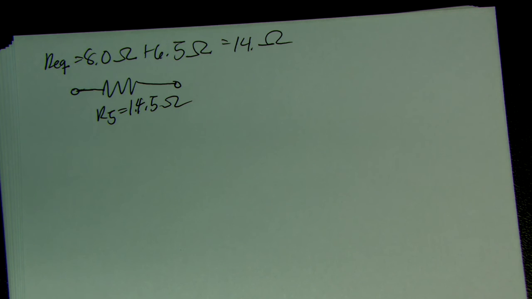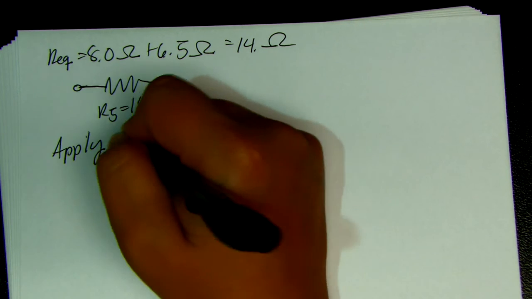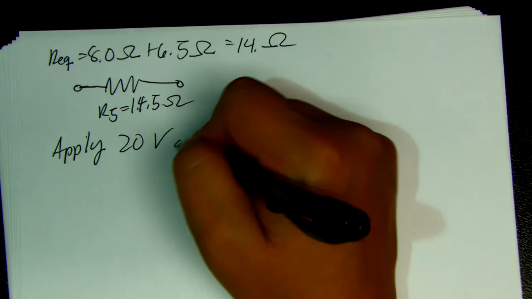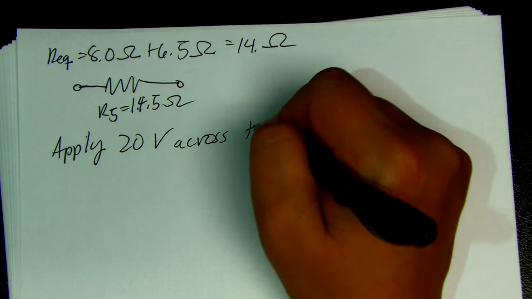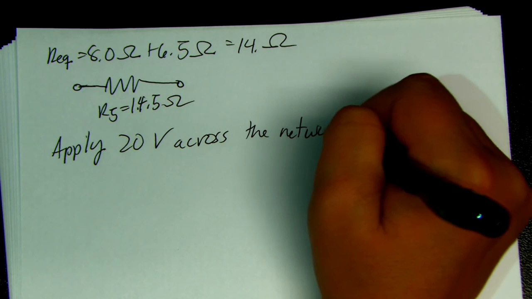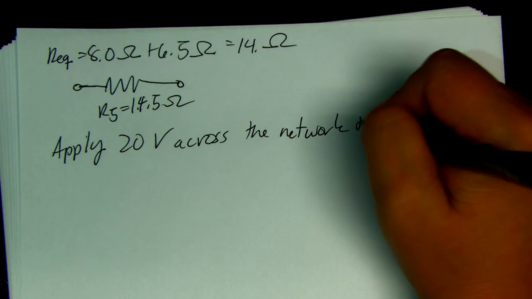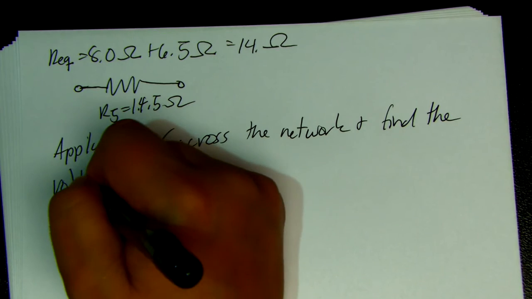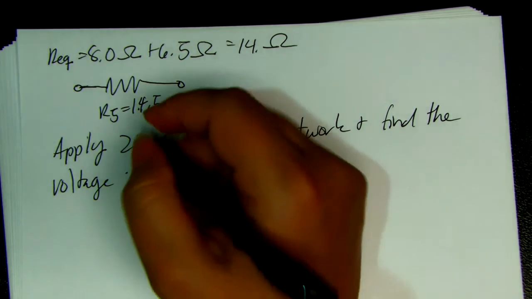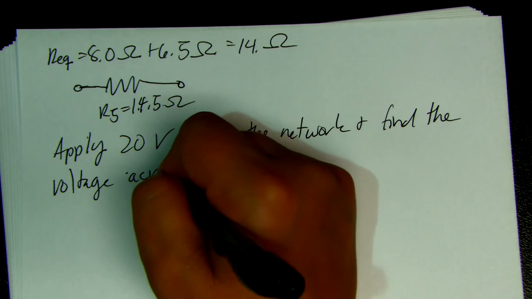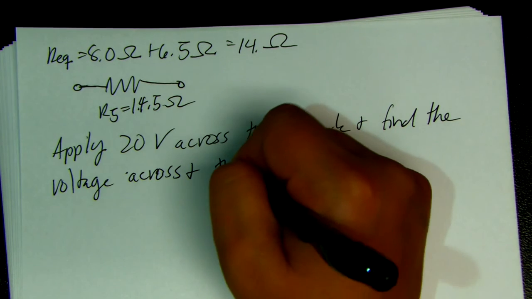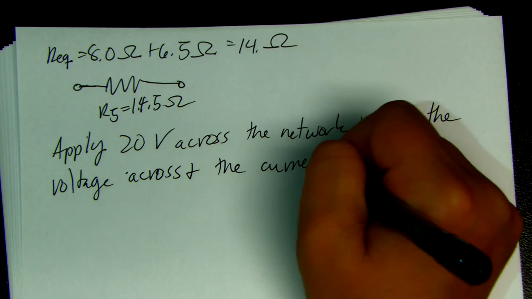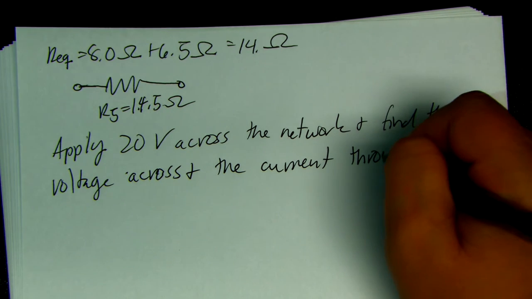Okay, so now we're going to apply 20 volts across the network and find the voltage across and the current through each resistor.